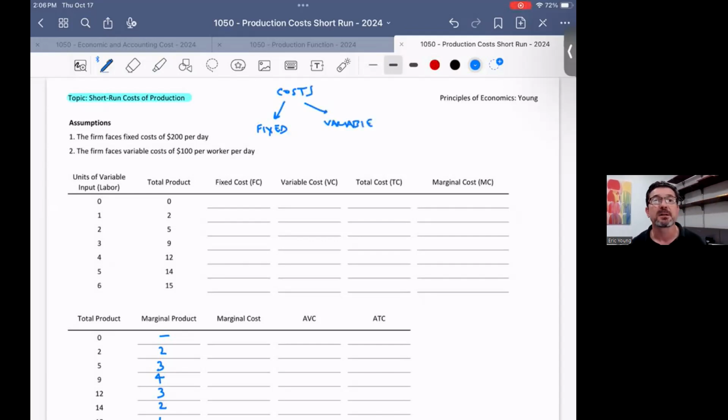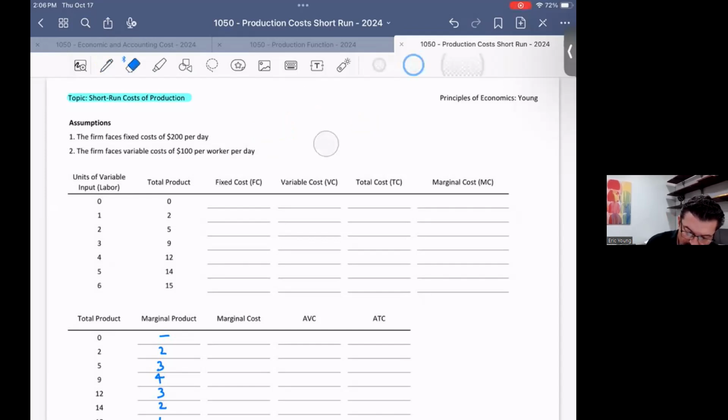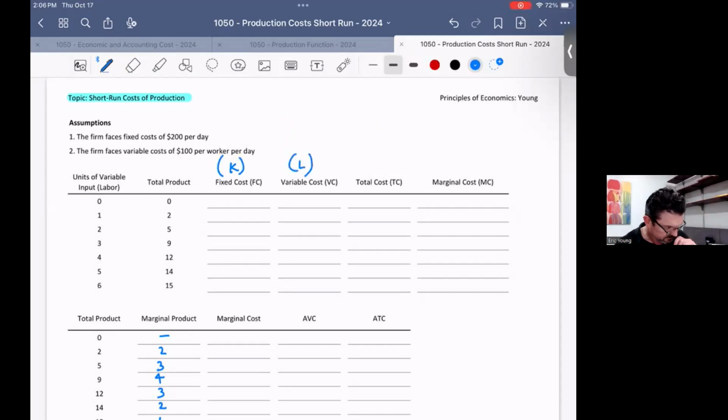A fixed cost doesn't change no matter how much output you make. A variable cost changes in proportion to the output that you make. And one more time, we're going to assume that fixed cost is our capital and variable cost is our labor. So down here, let's clean this up. And down here, fixed cost is going to be our capital and variable cost is going to be our labor.